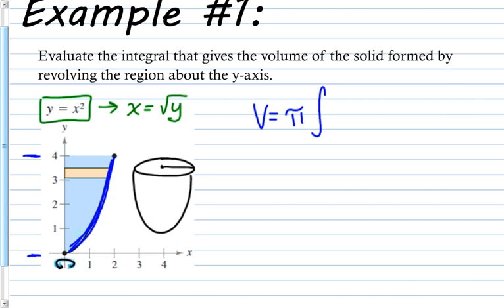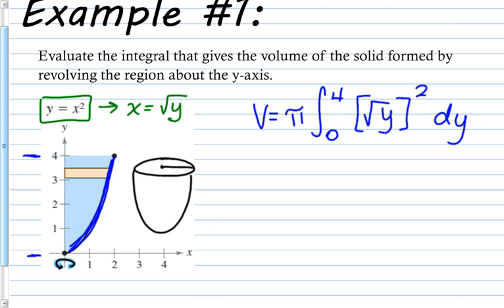Okay, so similarly, we're going to use the y values for the limits. So this is going to be from 0 to 4. My equation now in terms of y, which is what I need, x equals the square root of y, that is what we're going to use. So it'll be the square root of y squared. And then this is with respect to y, so dy.